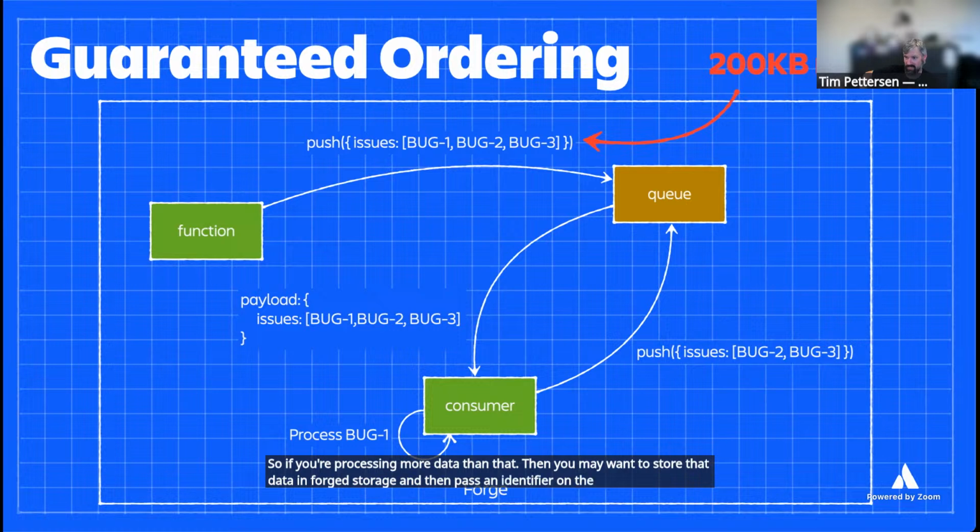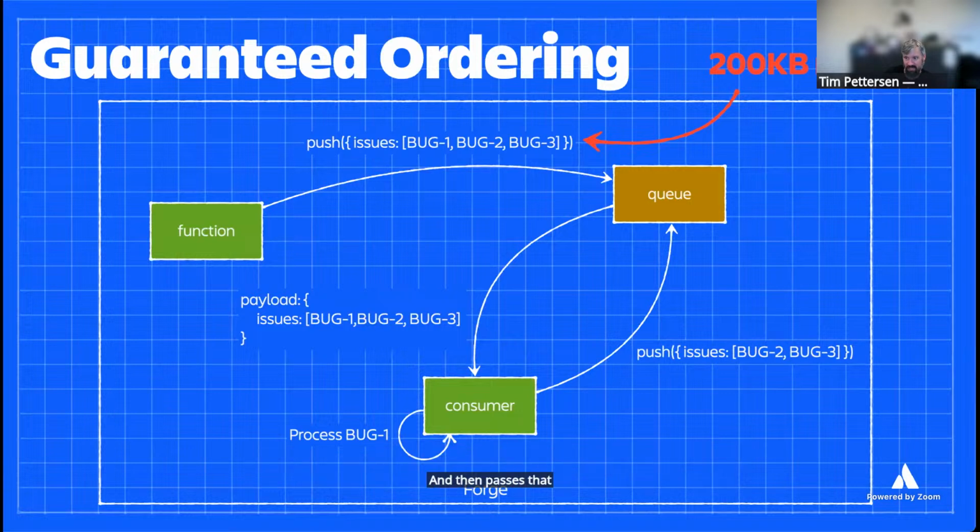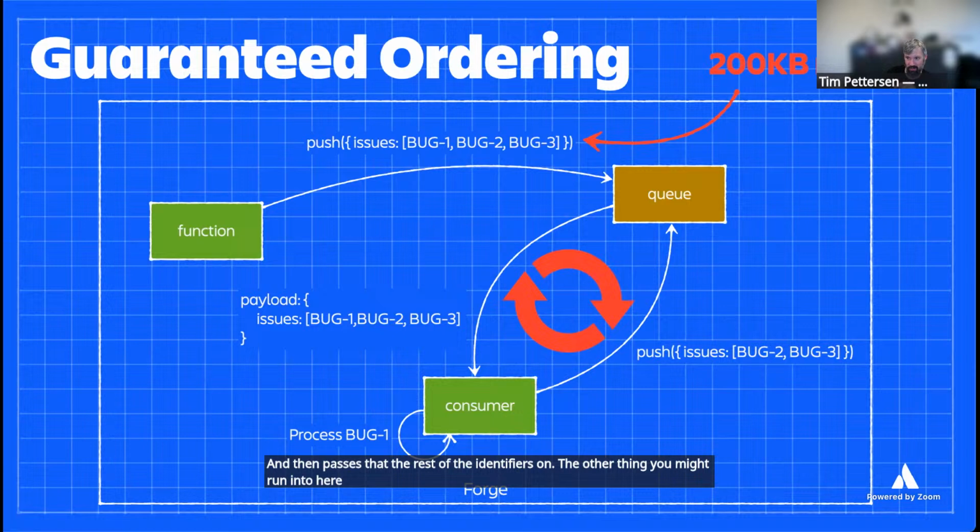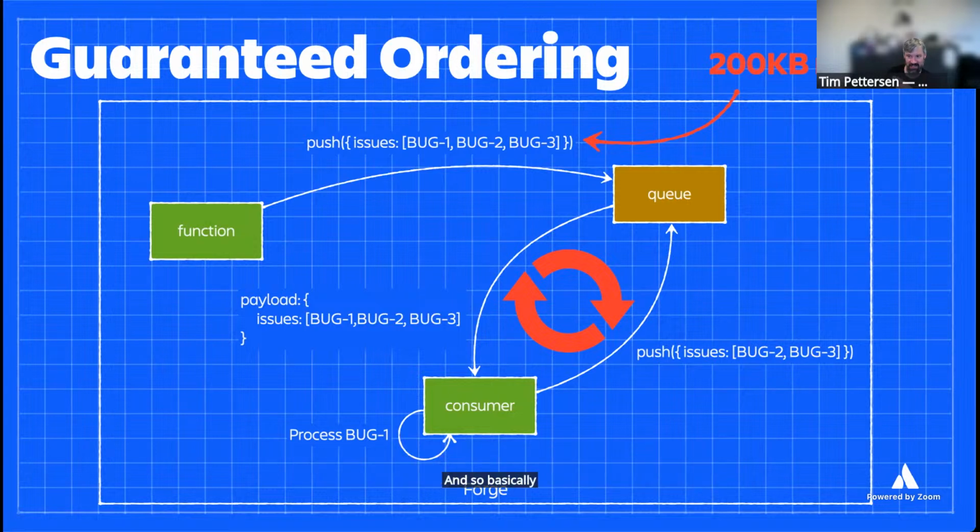So the job reads out that event and processes it, and then passes the rest of the identifiers on. The other thing you might run into is that this pattern of a consumer pushing back onto its own queue creates a cycle. The consumer pushes back, this triggers another consumer, and that triggers another consumer, and so on.